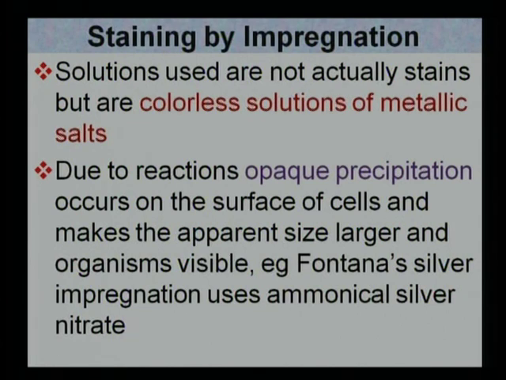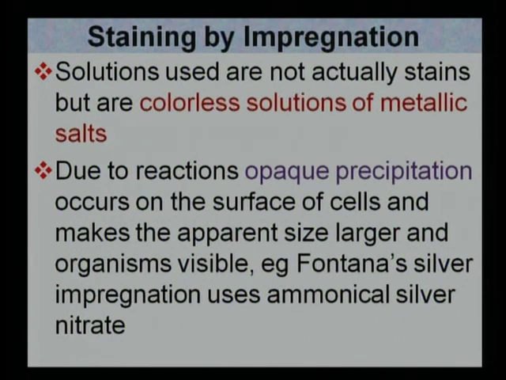Basically, the staining solution was not made from a chromophoric agent; it was neither a dye nor anything else. It was a metallic solution, some salt, and it was colorless. So the chromophore group is not present. But because of reaction with heat or oxidation, these salts precipitate out from the solution, and these salts are deposited on the cellular surfaces.